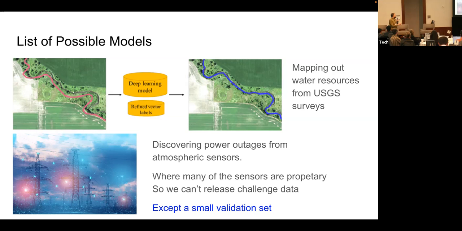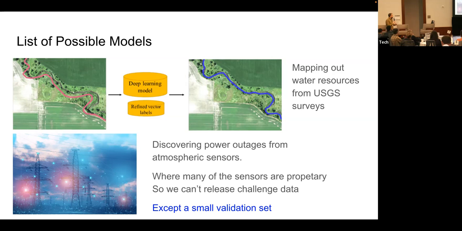And then if you apply this deep learning model, from one of Xiao Wen's papers, then you get this nice river. And so the idea is you want to actually find the waterways. It's a nice ML problem. It's a classic semantic segmentation problem, but it's very relevant to our everyday lives. And it's something we can certainly put in a challenge to see how well we can improve things.